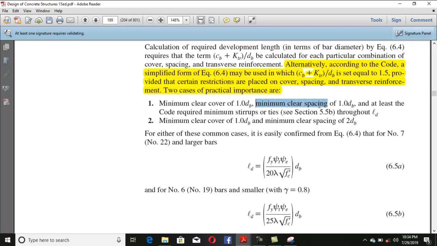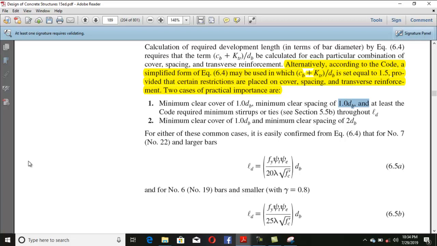Minimum clear spacing between the bars will be dB, and at least the code required stirrups criteria. So you need to understand the shear design criteria. In that, you know about those 6 criteria.